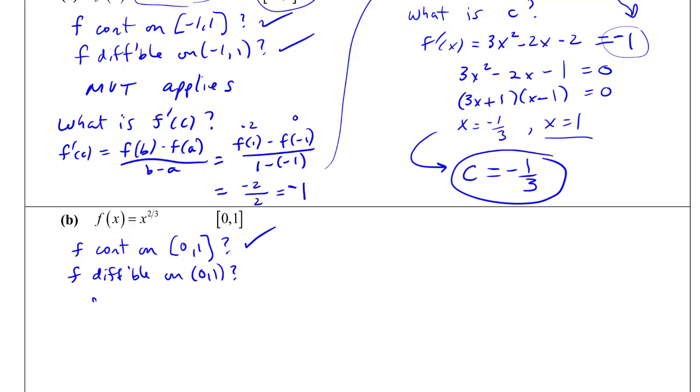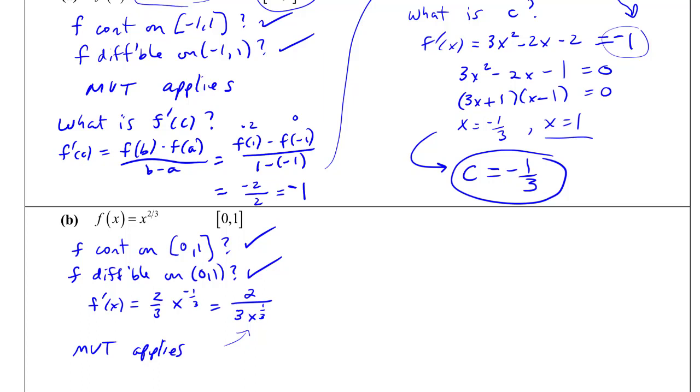Well, let's take the derivative. 2/3 x to the minus 1/3, which would be 2 over 3x to the 1/3. Okay, so now obviously there is an issue at x of 0, but 0 is not on the open interval 0, 1, so we're okay. Mean value theorem applies.